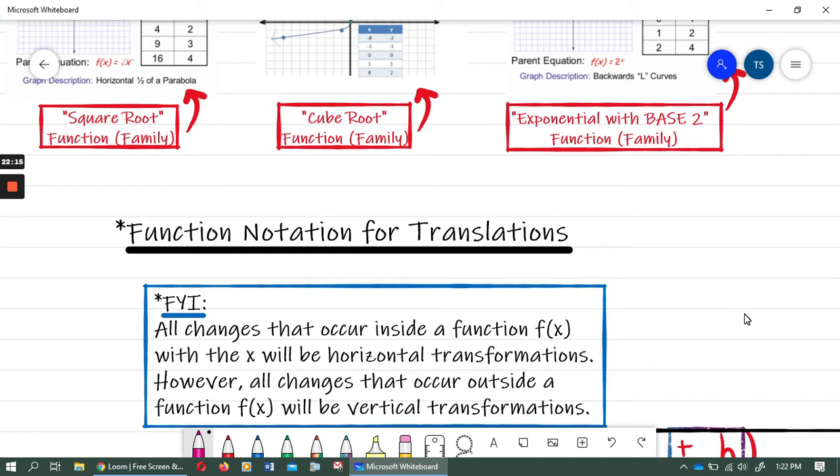Those y values or output values are always dealing with your vertical component. So any changes that happen outside are always going to be vertical, and they're going to affect your graph by moving it up or down, the vertical component of being up and down.